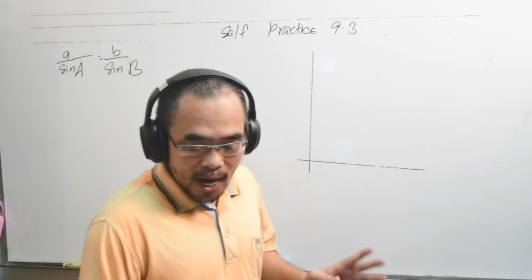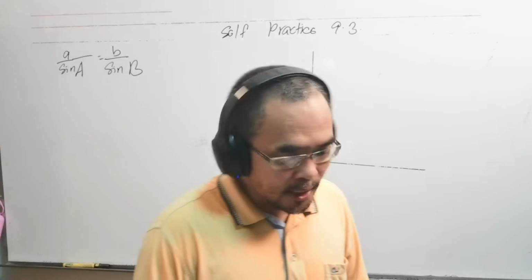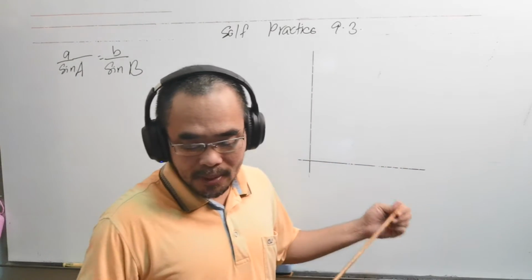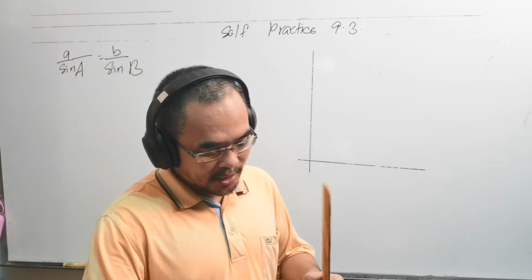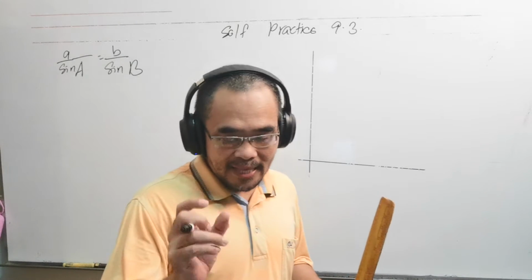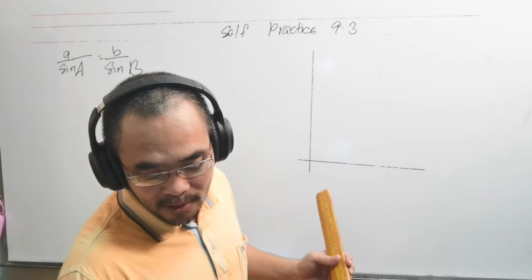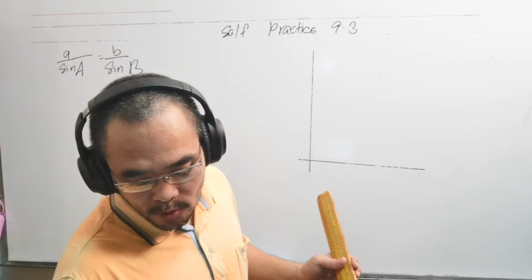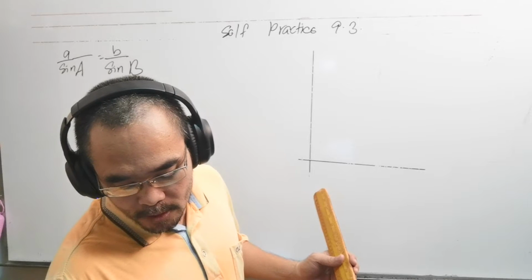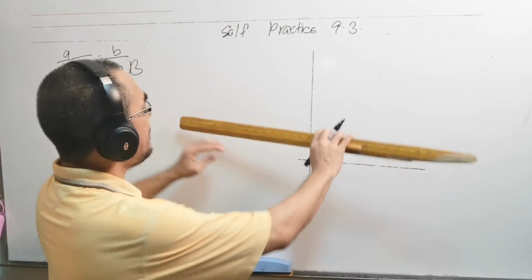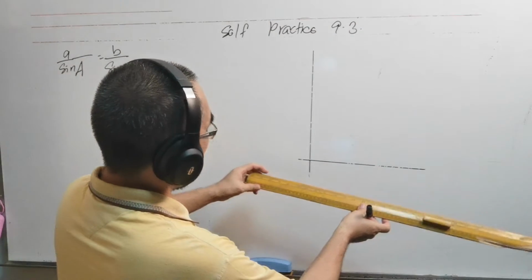So what we do, we are going to draw according to some measurement, but the angle is not exactly according to the given angle. So for the first one, we have BC is 14, so we draw 14.